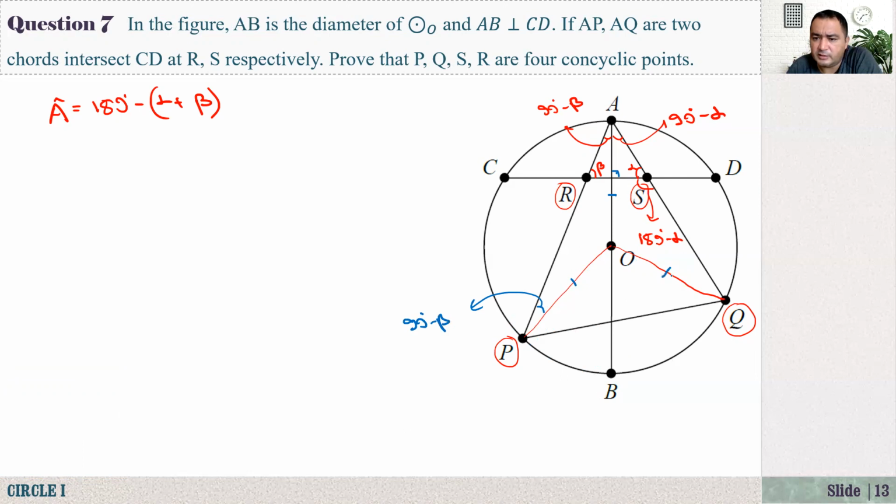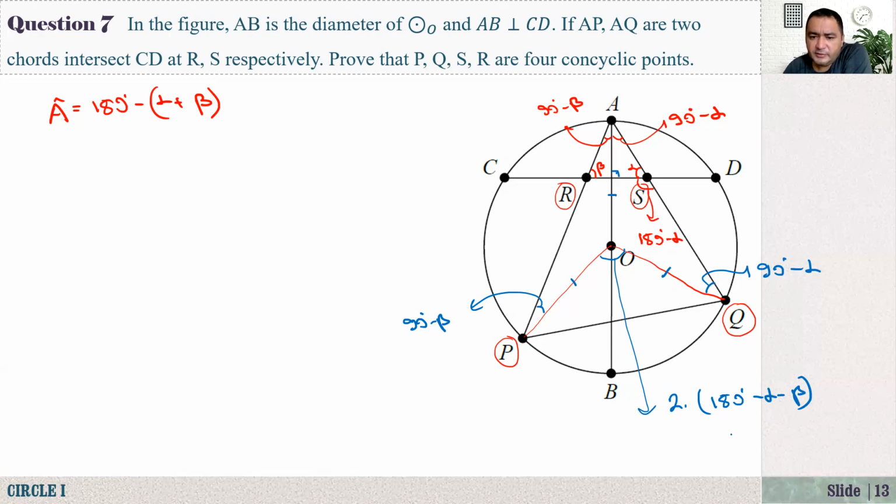And they are equal, and this angle is 90 minus alpha. And how about this angle? It's just double angle A, that is 90 plus 90. Angle O is 2 times 180 minus alpha minus beta.